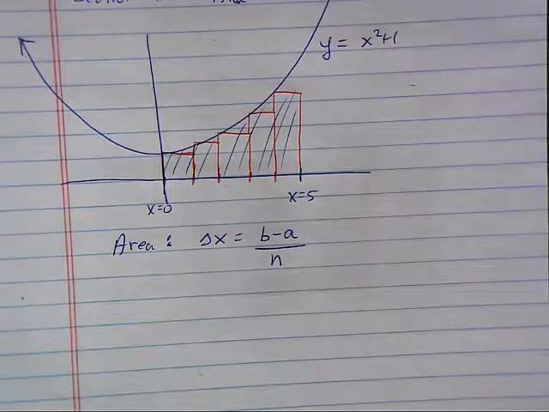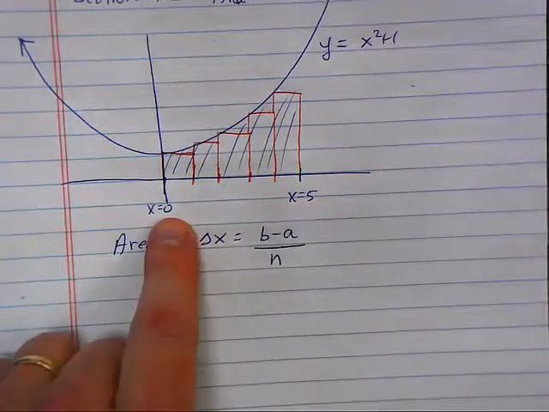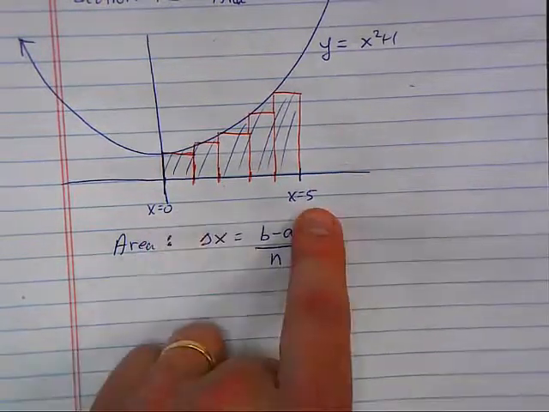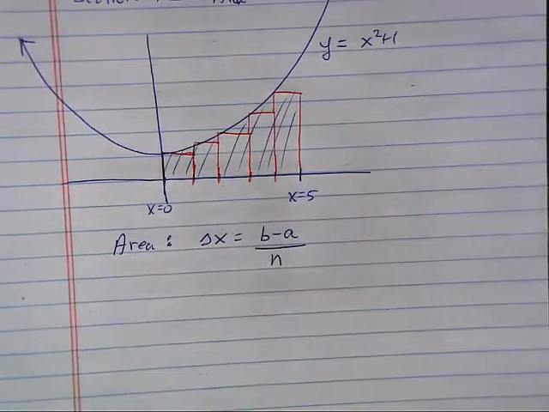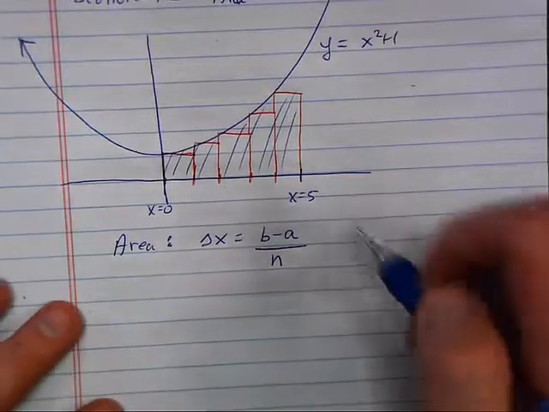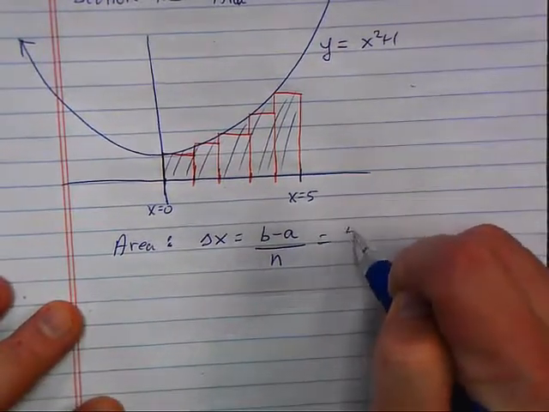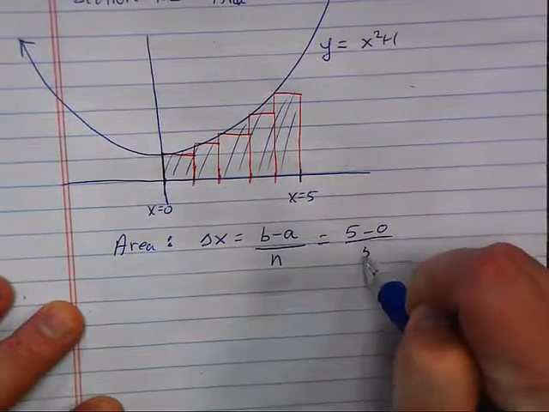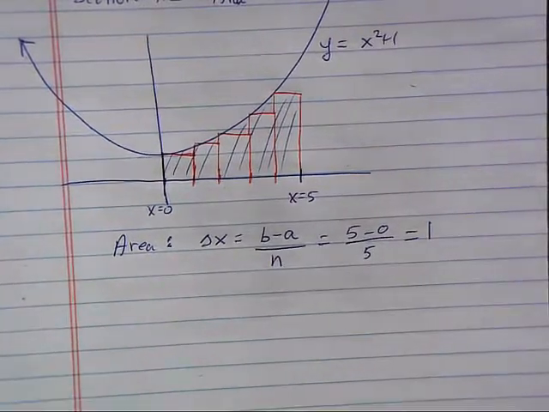What are a and b? a is 0 and b is 5. So a and b is the interval that you're working on. In this case, we're working on 0 to 5. And what's n? The number of rectangles. So we would write delta x equals 1. The width of each rectangle is 1.